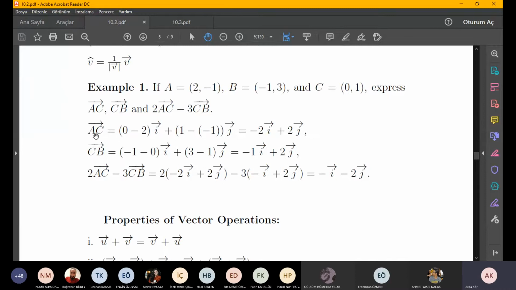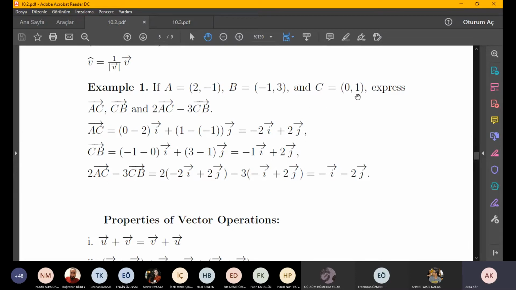And let's also find CB. So the vector will start from C and it will end at B. Then the first component of the vector should be -1 minus 0, and the y component should be 3 minus 1.